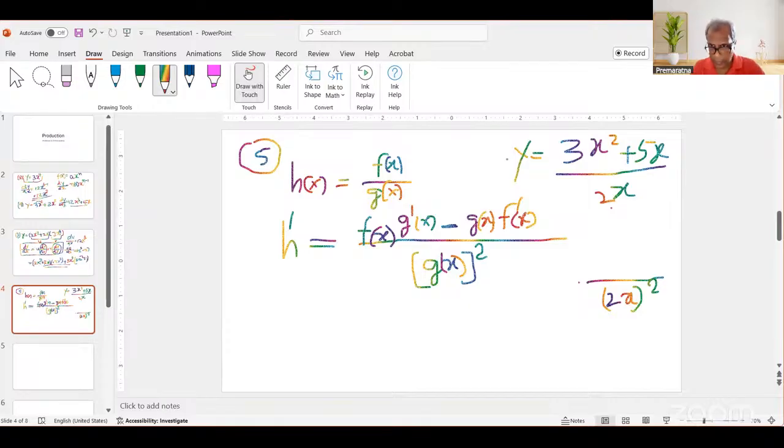Now this particular example comes like this: dy with respect to dx, differentiate.